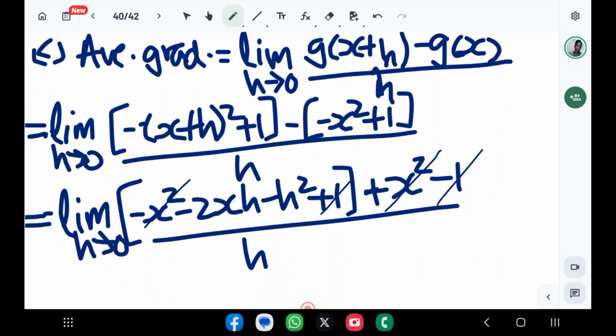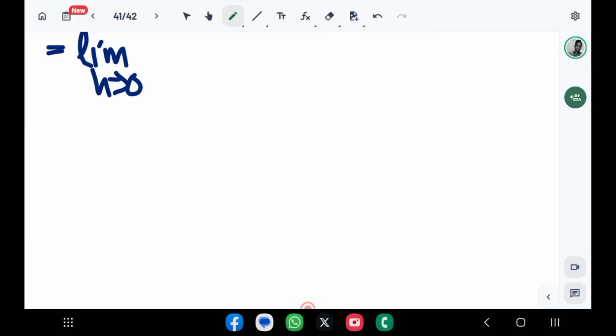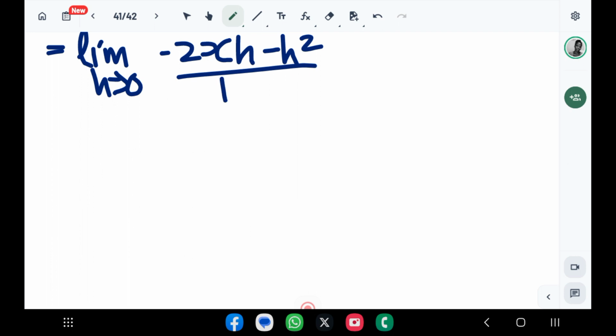You will be left with minus 2xh minus h squared all over h, which is equal to the limit as h tends to 0.